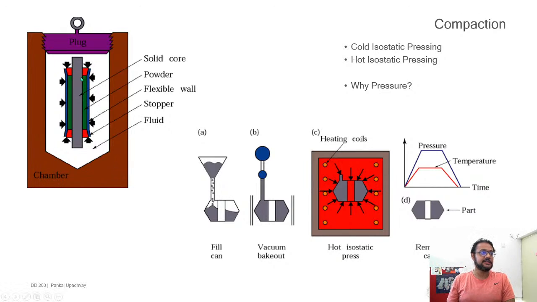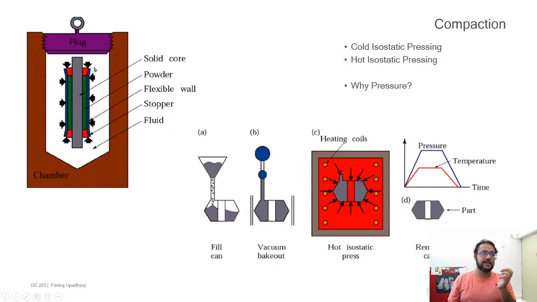So here in this case, let's say the green one is the powder, and this shell is the blue part. There are whatever cores or other things, and there are stoppers, and this whole thing is put inside a chamber, and the whole chamber is pressurized.